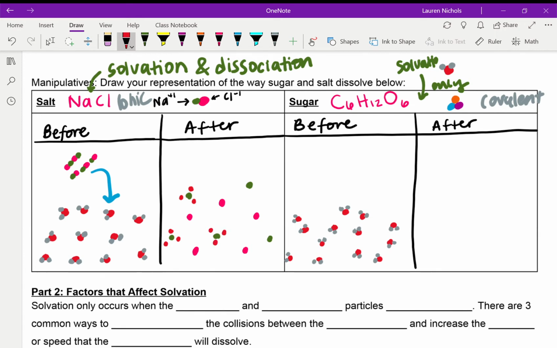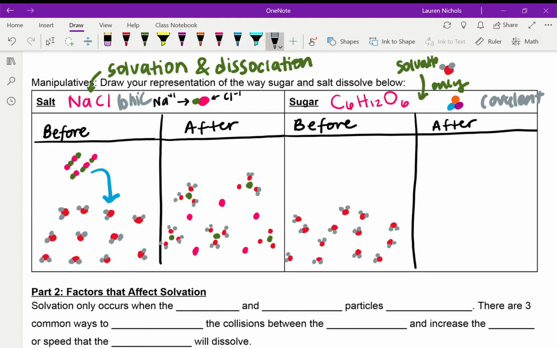So right now I'm just drawing my oxygens here because the oxygens are attracted to the positive sodiums, and the hydrogens are going to be pointed away, and that's because the hydrogens are positive charge and so are the sodiums, and opposites attract in terms of electrical charge.